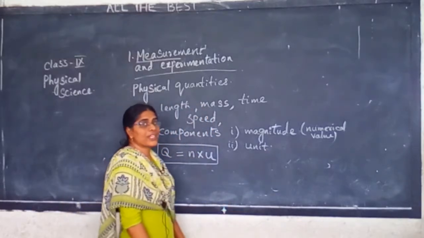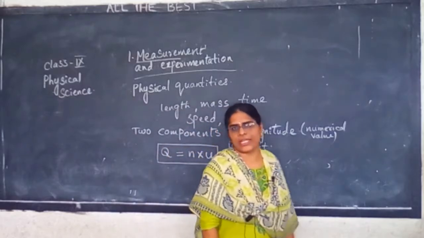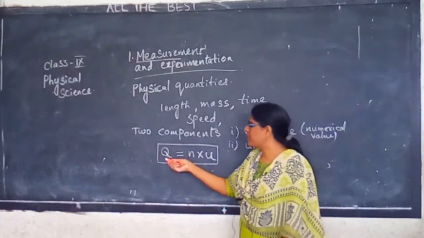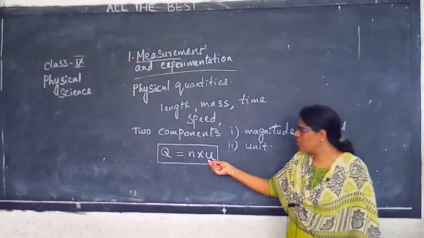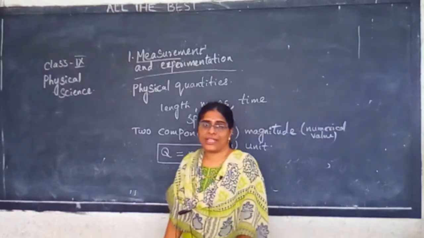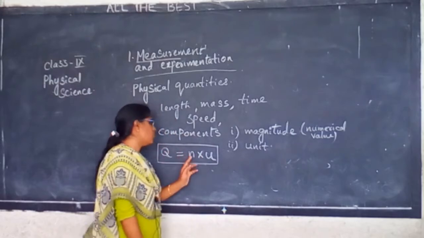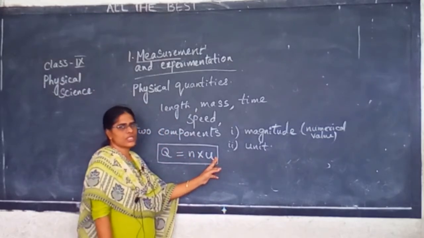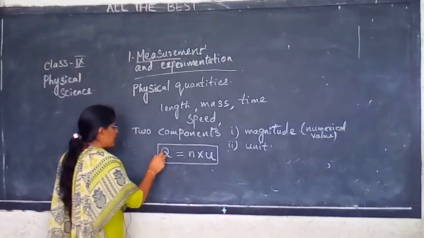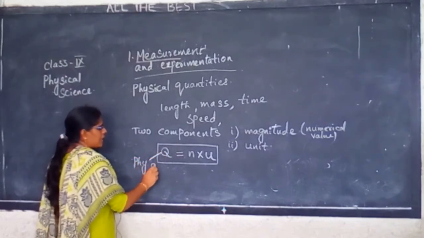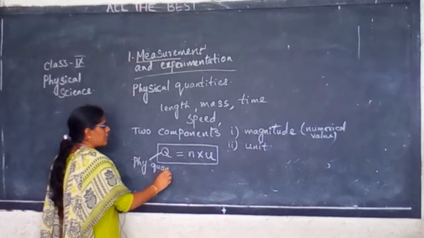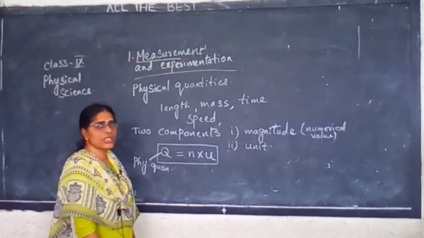In the formula Q equals N into U, what is Q? What is N? What is U? Q is any physical quantity.